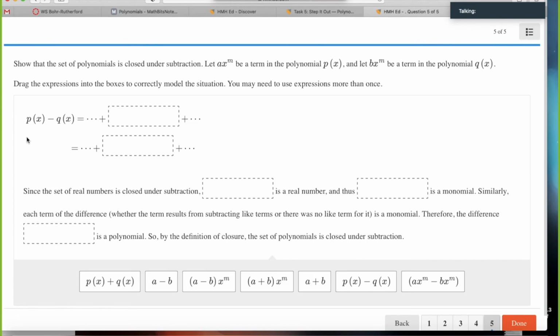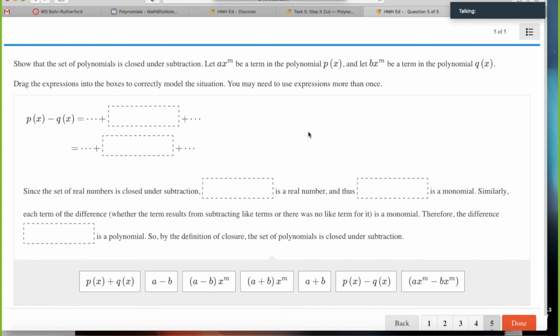So we've got p of x, which has a times x to the m, minus q of x, which has b x to the m. So there is an example in the book that's very similar but uses addition. It should be the same sorts of concepts.